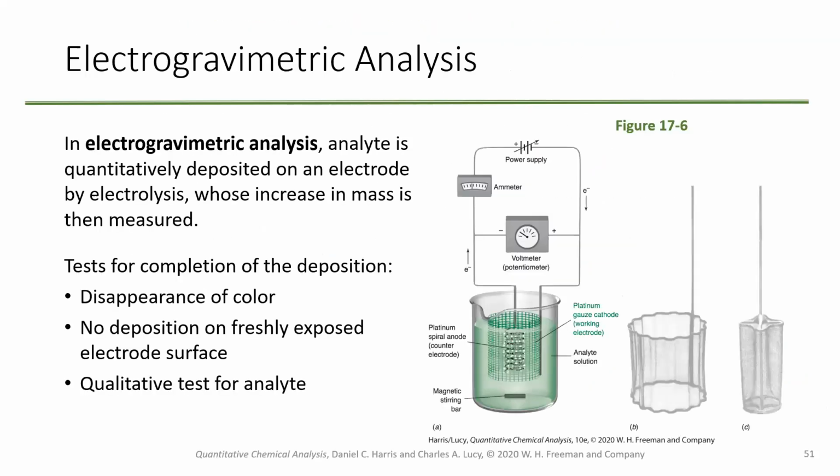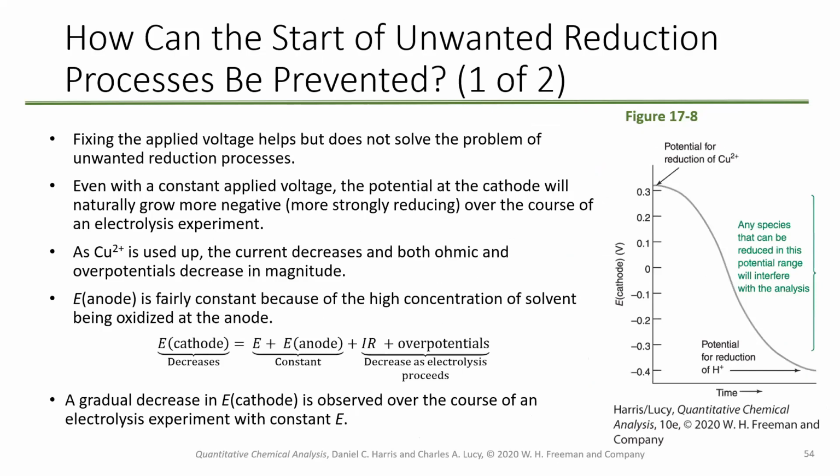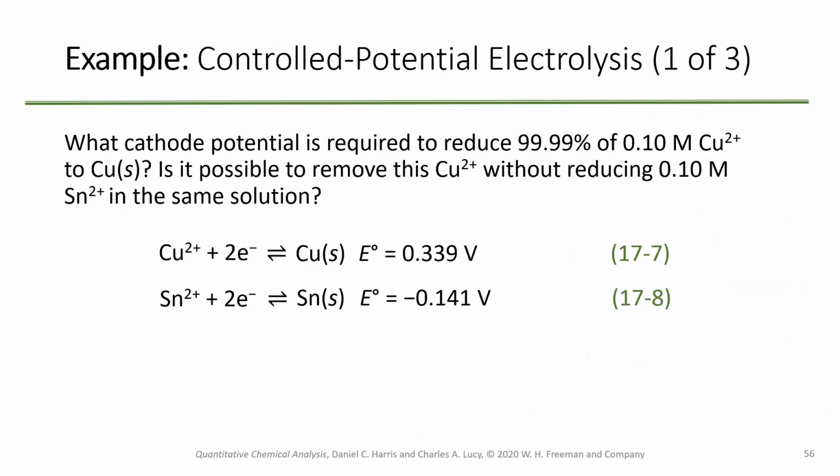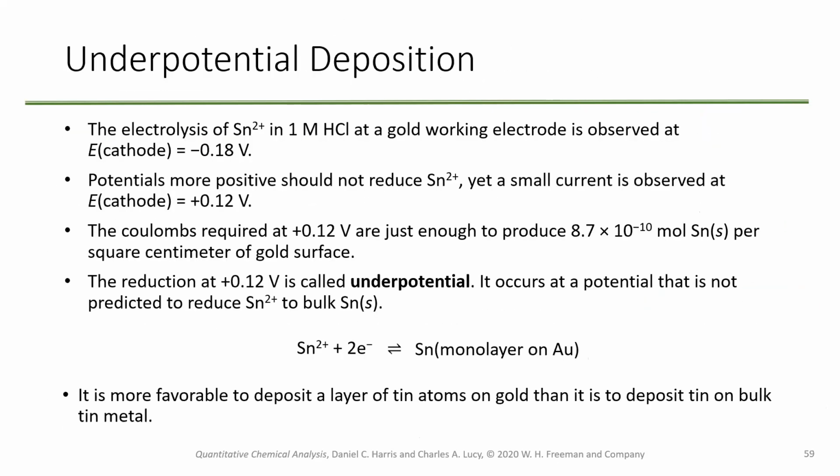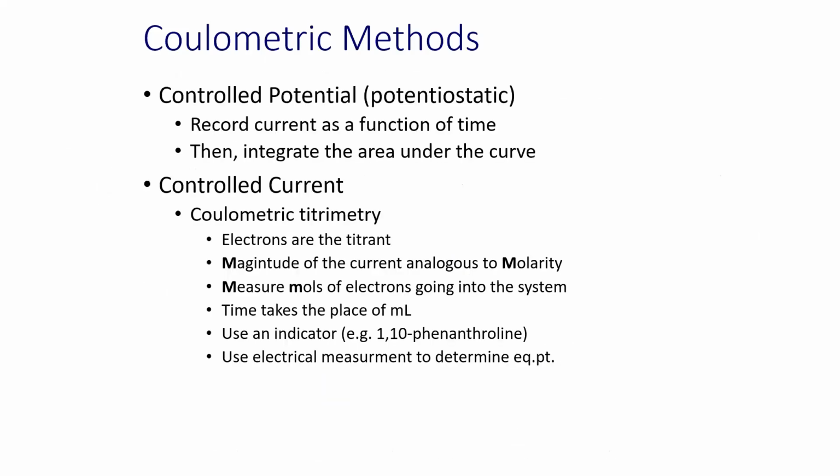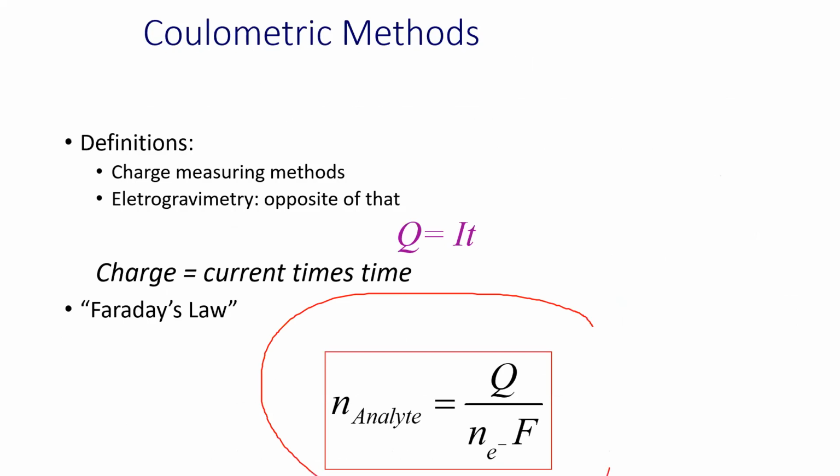Excuse me, electrogravimetry, we would cover that in the Q equals IT part. Coulometry, that's our Q equals IT. This is the thing where, if I leave a 9-volt battery hooked up to a solution of copper, how much copper would plate out on my electrode after 3 hours?